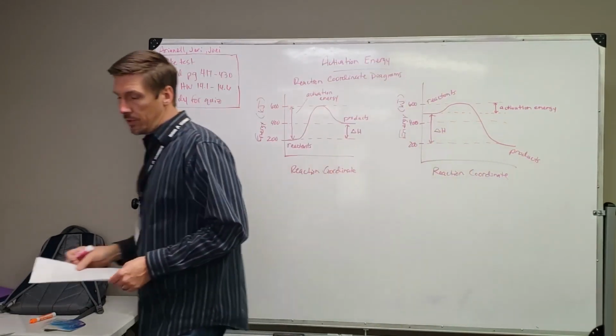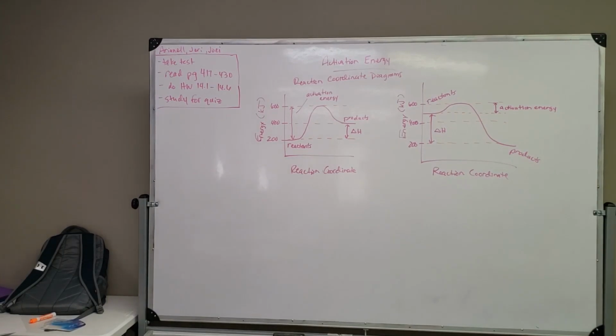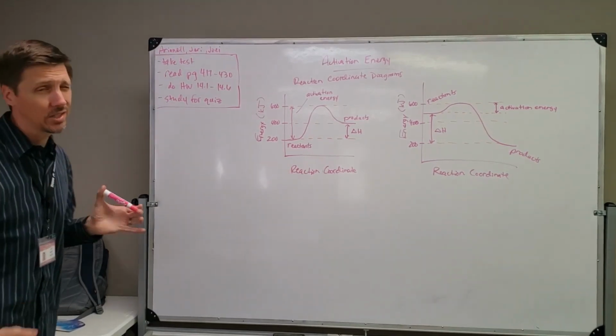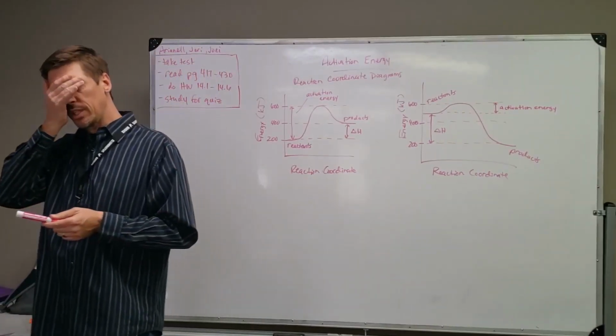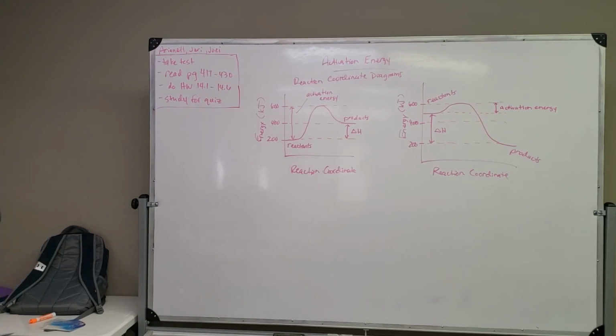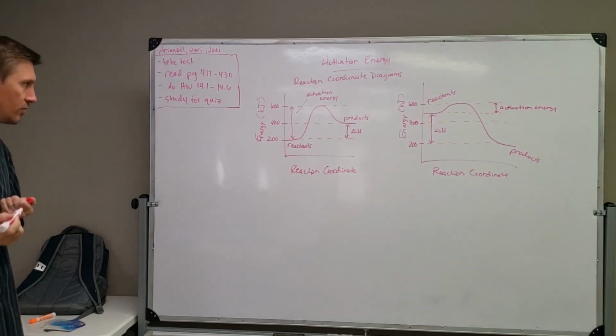So here's what you should be able to do. If I give you these diagrams, you should be able to tell me if your reaction is endothermic or exothermic, and what the activation energy is, as well as the change in H for that particular diagram. So let's see if we can figure that out.